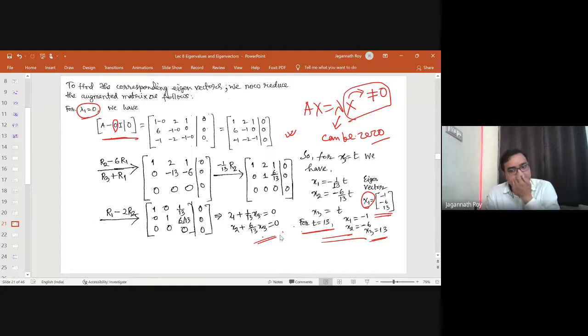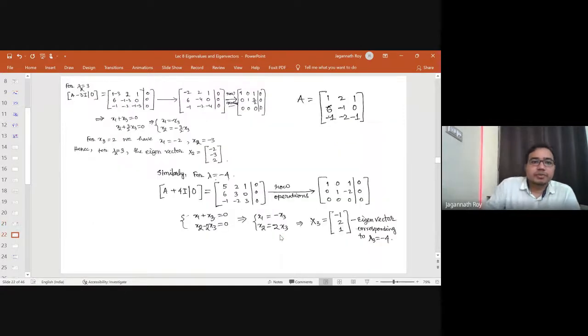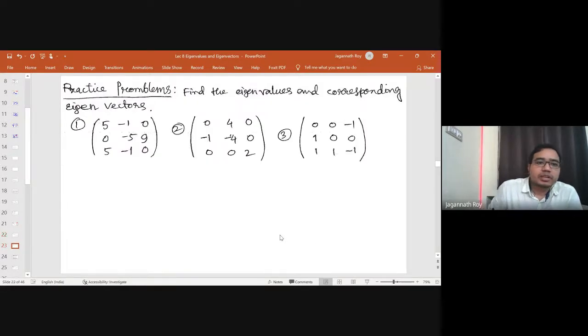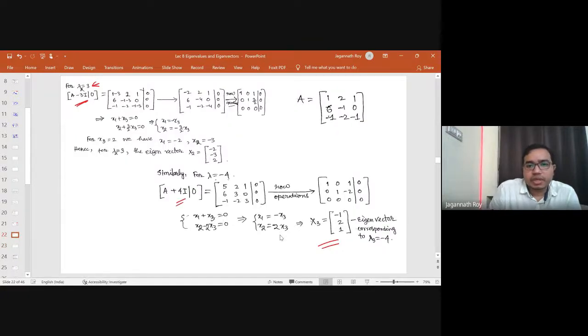Similarly, if you want to find the eigenvector corresponding to lambda equals 3, you will get this one. Similarly for lambda equals minus 4, x2 becomes this one. So all three vectors are obtained.